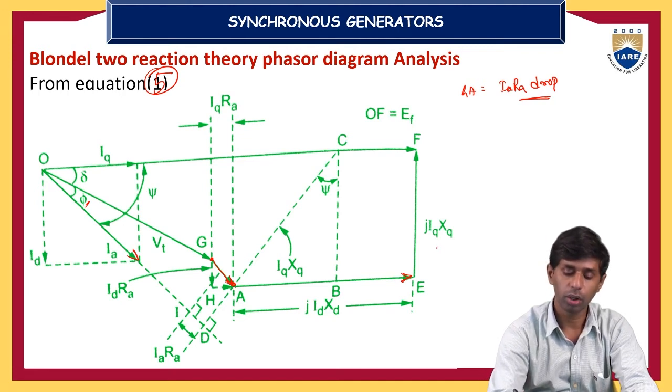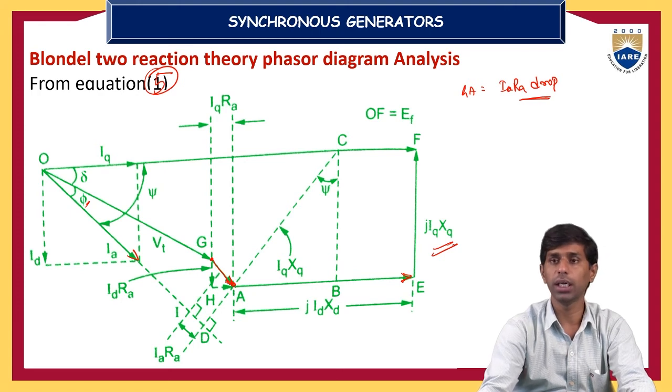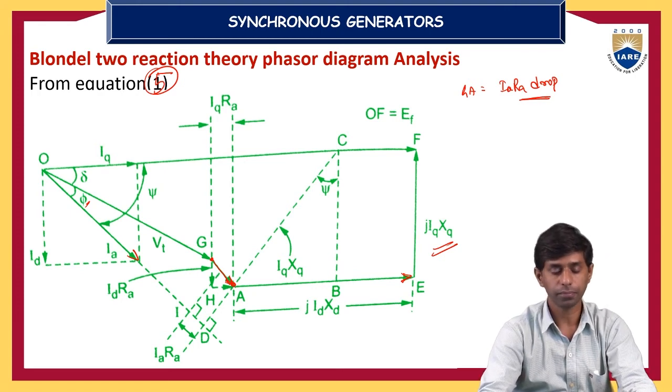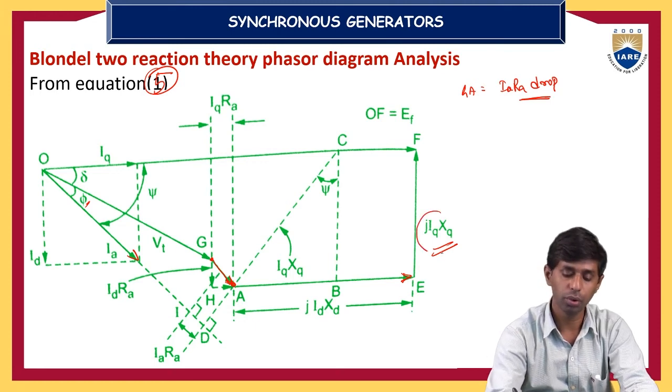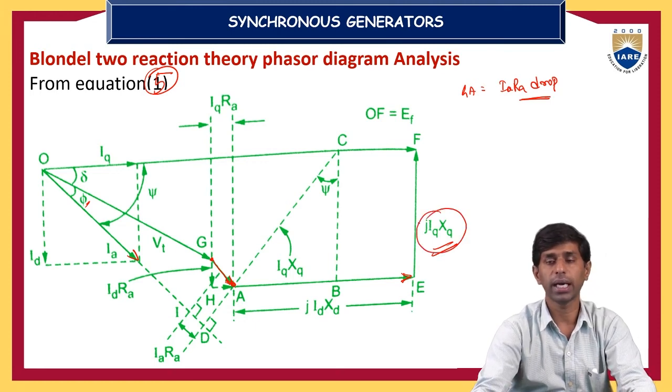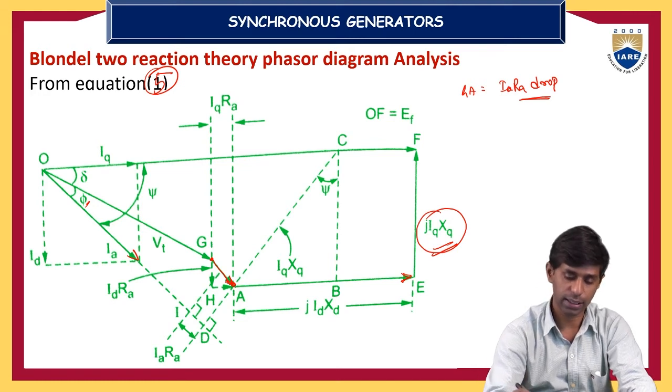And similarly, draw a line from the point E, that is along the perpendicular to the Q axis, that is IQ into XQ, which is the drop due to reactance along with the quadrature axis component.